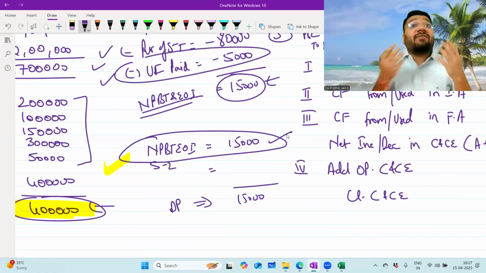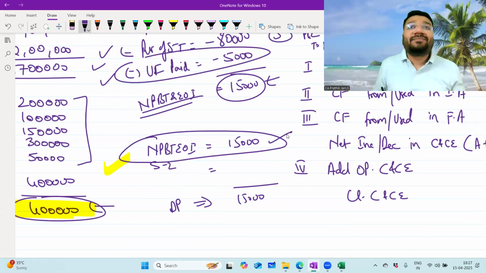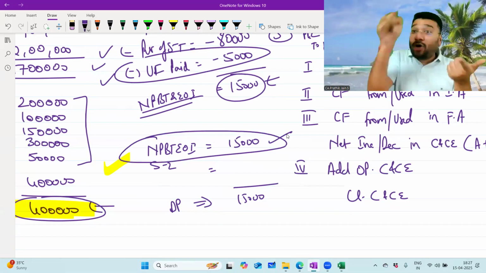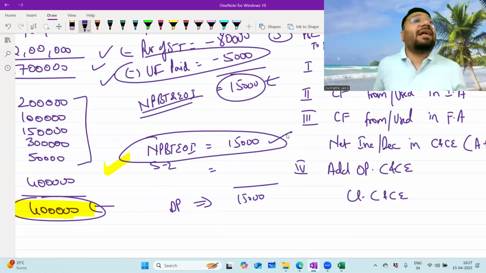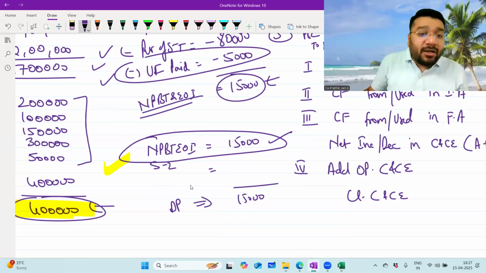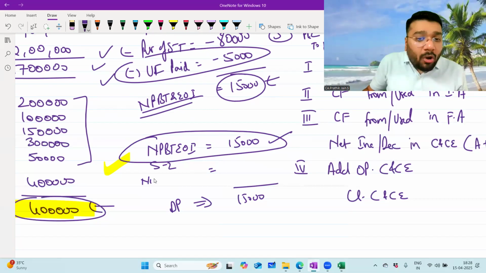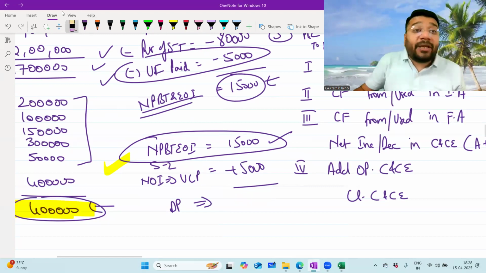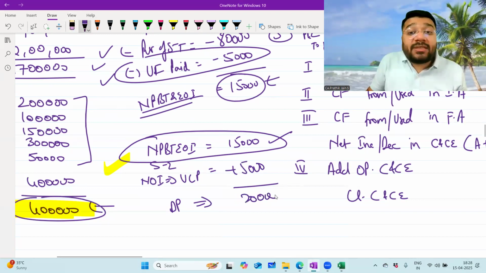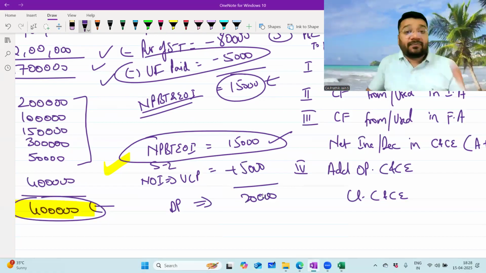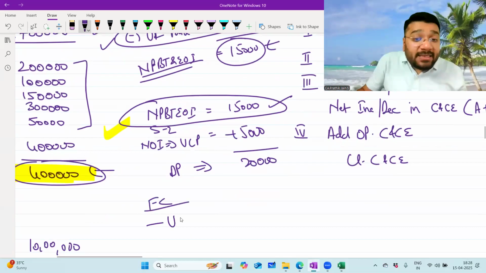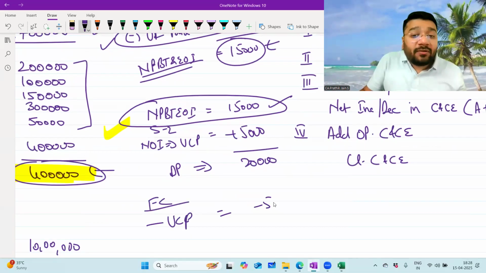So in this 15,000, that 5,000 is already subtracted. I have to add back this 5,000, and since it is paid, it's a cash outflow, so I have to minus it in the financing activity. So now in segment 2, add back your non-operating item, underwriting commission paid 5,000. So actually, what is your cash profit from business operations? 20,000 rupees is your operating profit in cash. And in the financing activity, since the underwriting commission is paid, minus underwriting commission paid, 5,000.